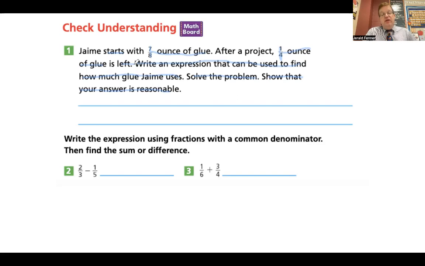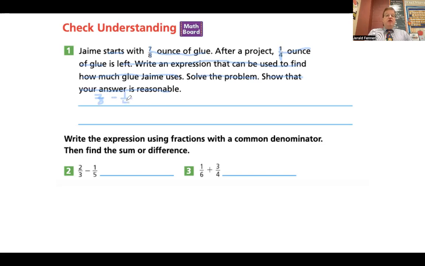Okay, so both labels are the same, so we're going to be adding or subtracting, and in this case, they want to know how much glue Jamie used. So this is going to be a subtraction problem. So you first have to write an expression, 7/8 minus 1/4.